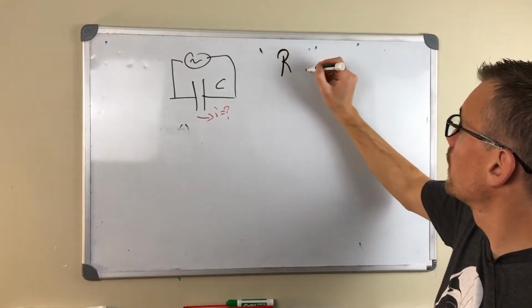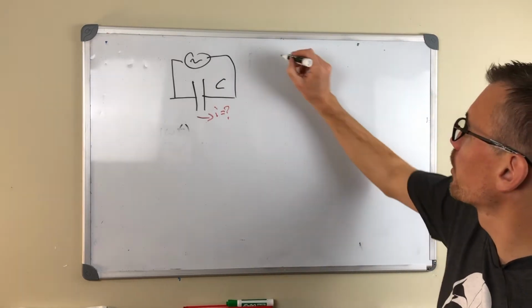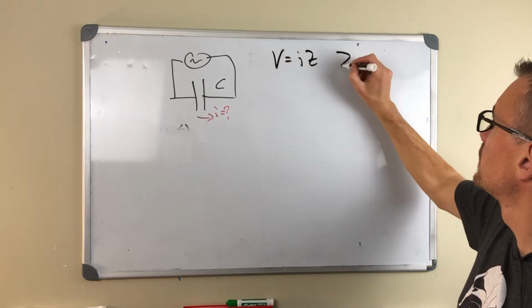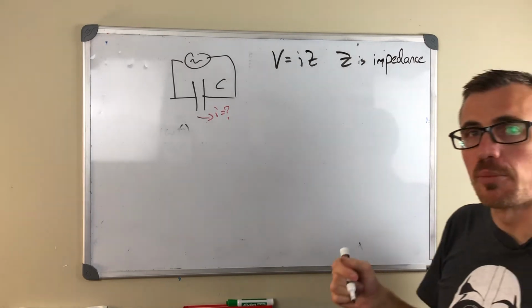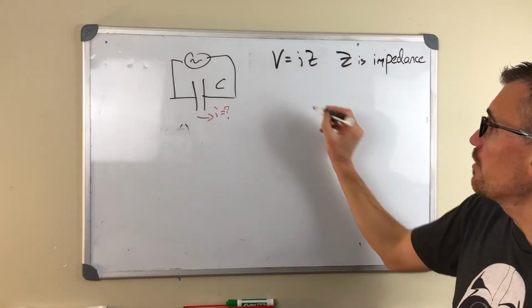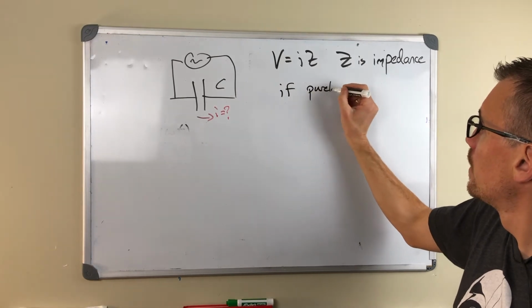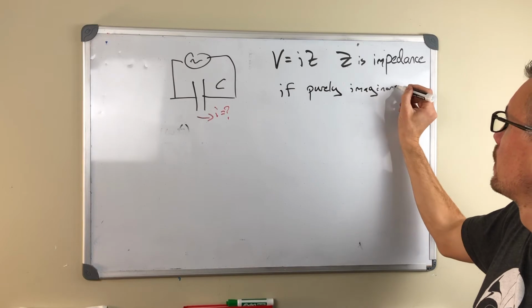So we have impedance. Z is the impedance, and it's in general a complex number. If the impedance is purely imaginary, right?